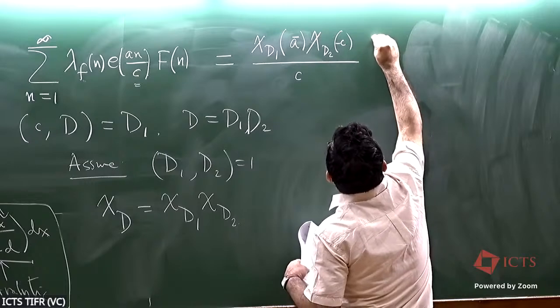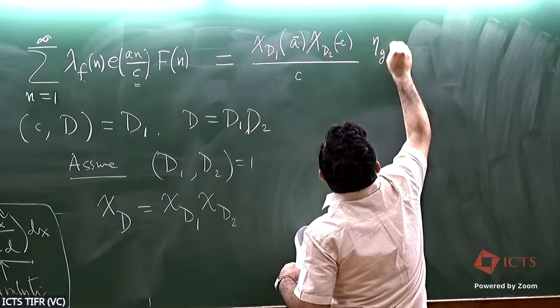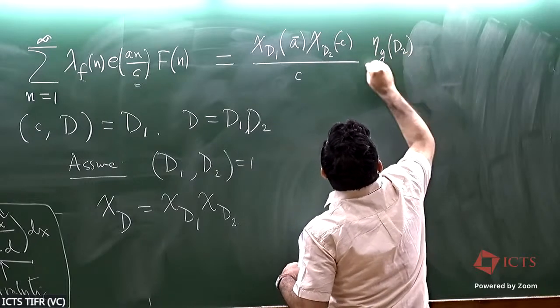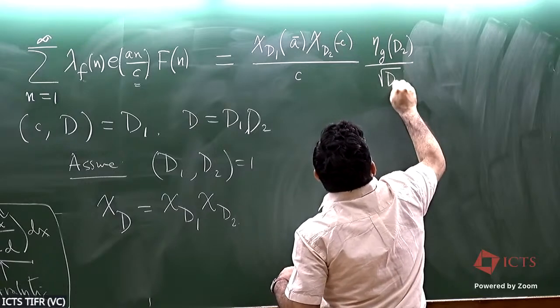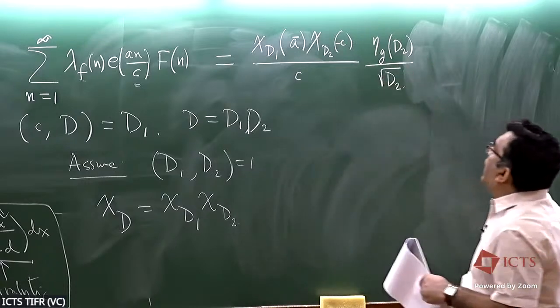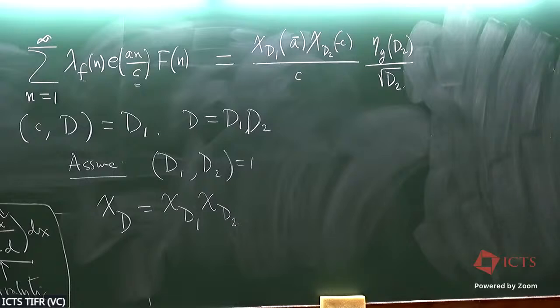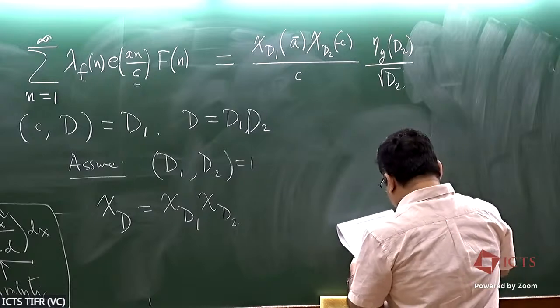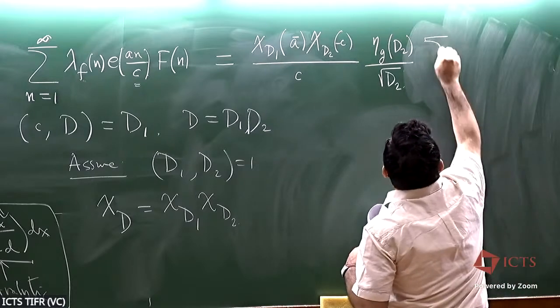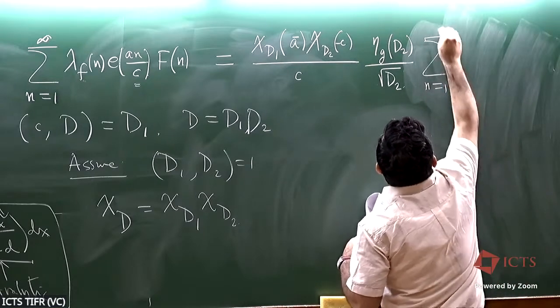Then you'll have eta f(D2) by the square root of D2. These are the eigenvalues of the Atkin-Lehner operator, but you can write it in terms of a Gauss sum, which I will write in a moment. Then there is a sum over n from 1 to infinity.